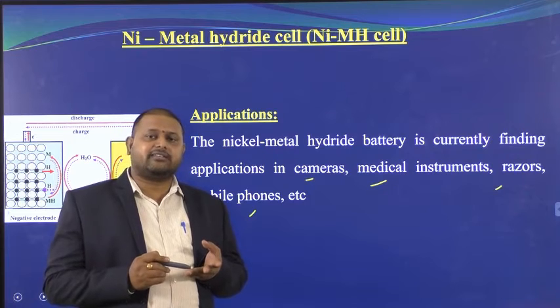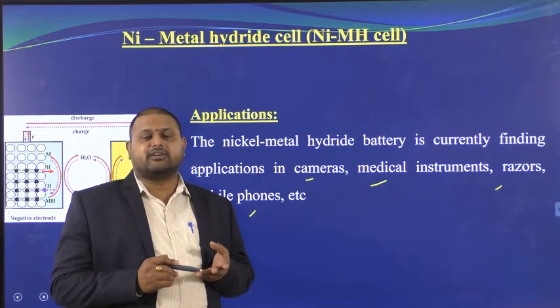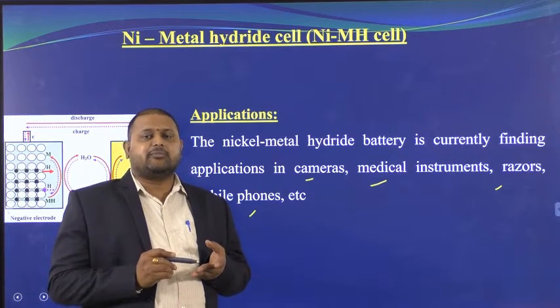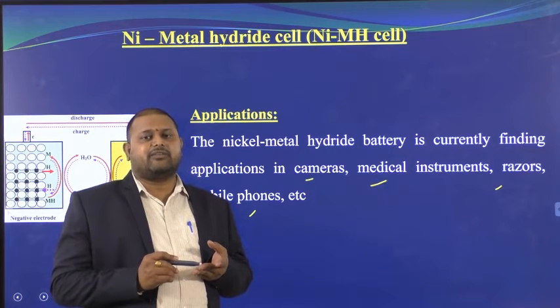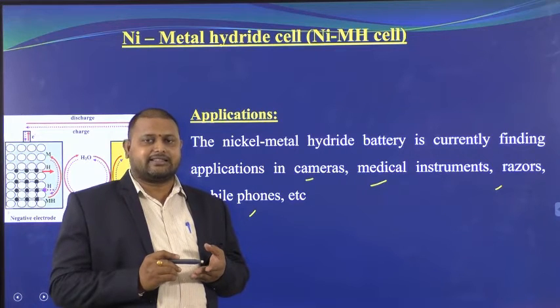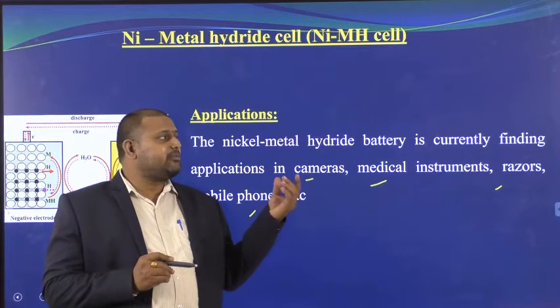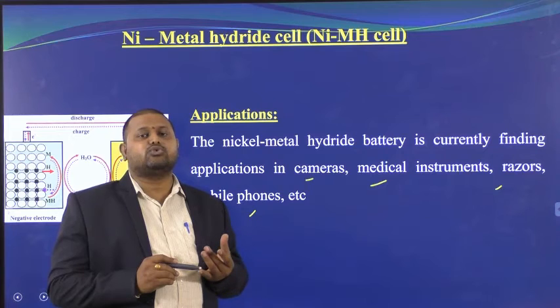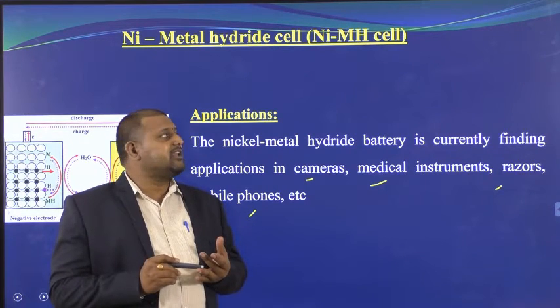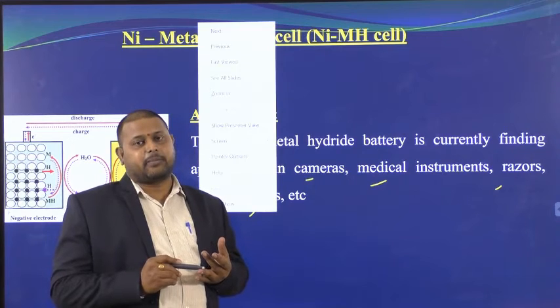The secondary batteries are rechargeable batteries because cell reactions are reversible. In the primary battery, as an example, we have discussed the construction, working, utilities and disadvantages of the dry cell. In the secondary battery, till now we have discussed 2 important batteries, the nickel cadmium battery and the nickel metal hydride battery.